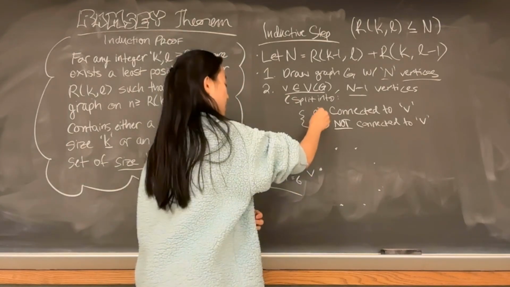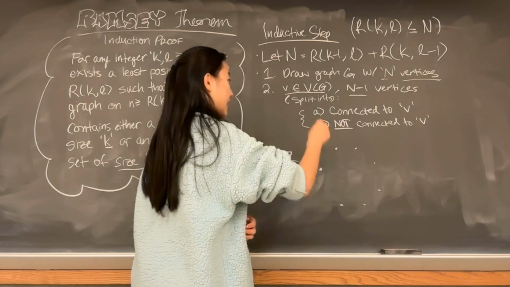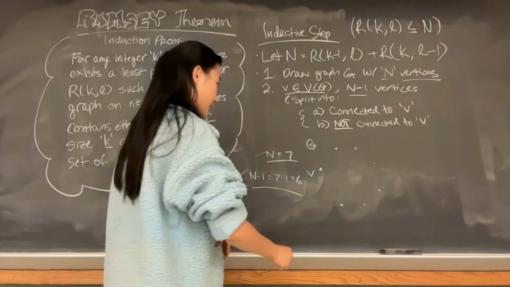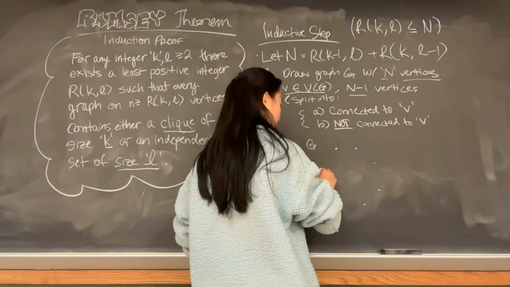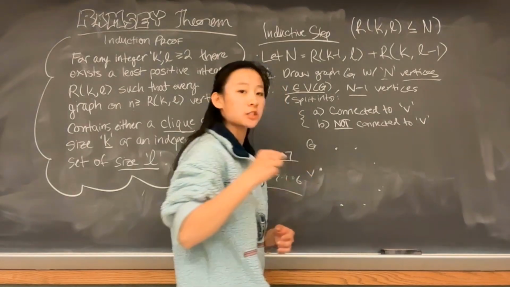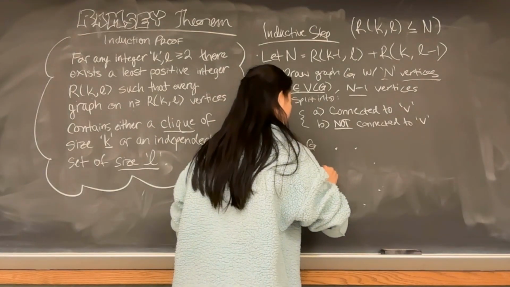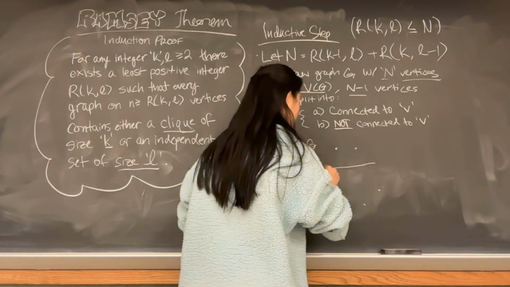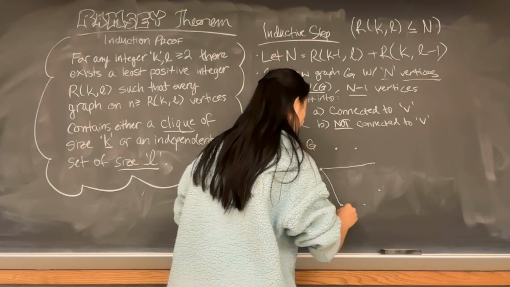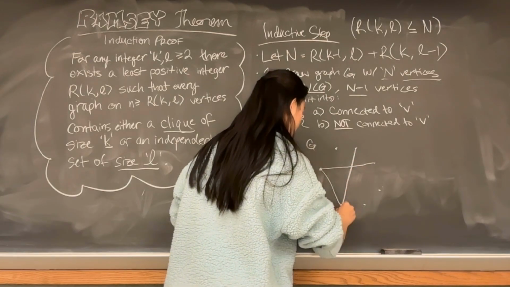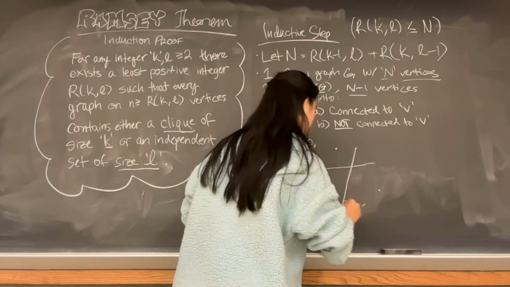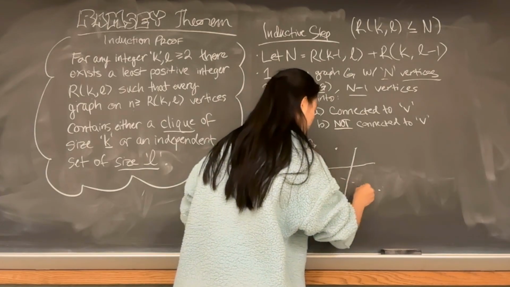Now we wanted to split the other vertices into connected to V and not connected to V. So I'm going to make some random connections here, and when I draw a dotted line, that means they are not connected. So let's say V was like this, and that, and this, just some random not connected ones.